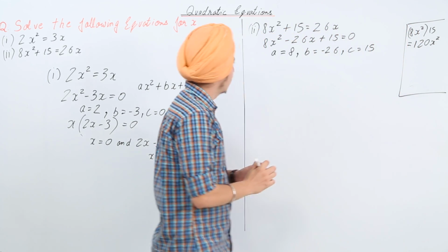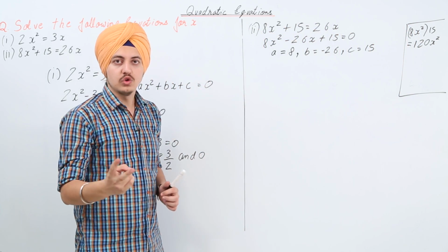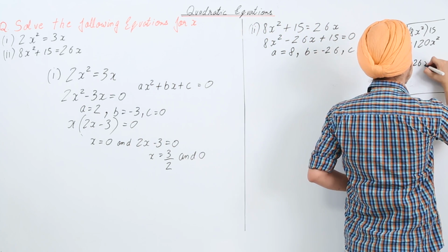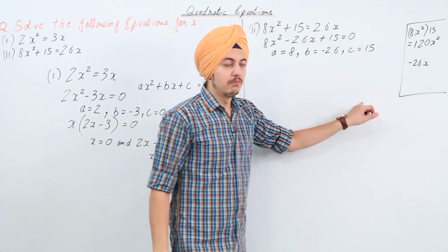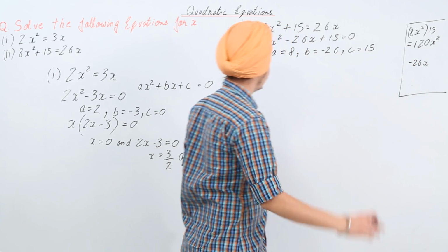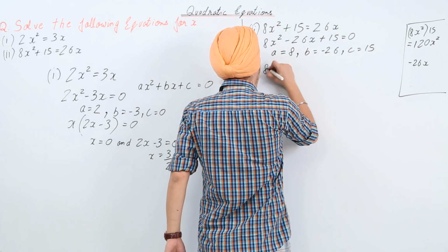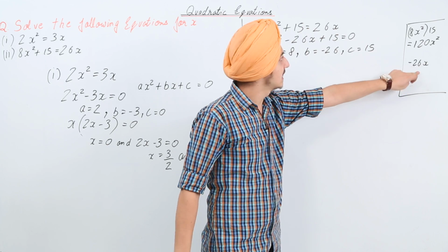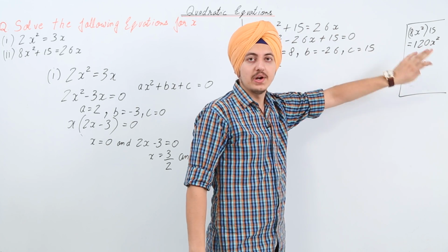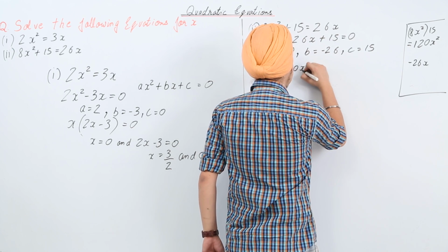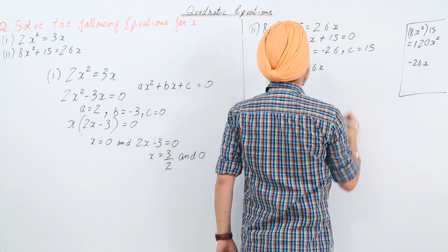So we have to find two terms whose sum is equal to minus 26x and whose product is equal to 120x square. The two terms are minus 20x and minus 6x.